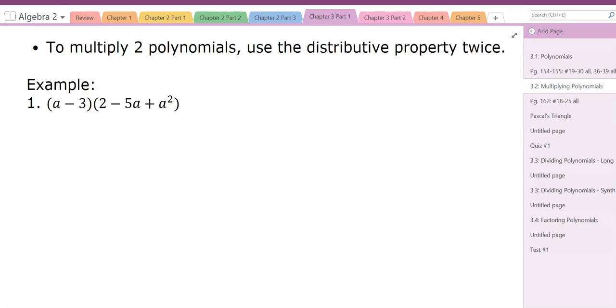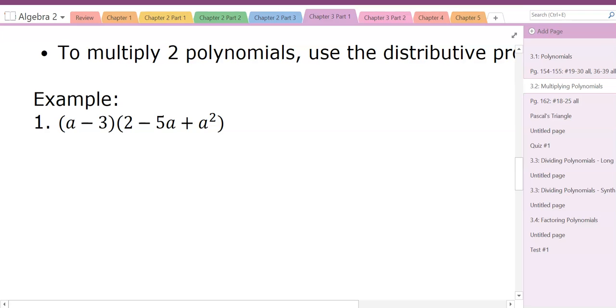So these problems can get kind of messy really fast because if you're drawing arrows, there's going to be a lot of arrows for some problems. So some students in the past have used different colors, or they draw one set of arrows, write out what that should be, erase, and then draw another set. Do whatever you need to do to keep track of what you have multiplied so that you don't forget something or skip over one of the pieces.